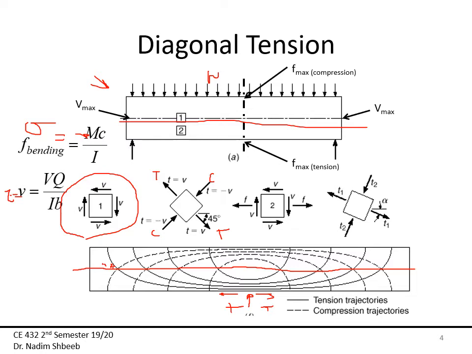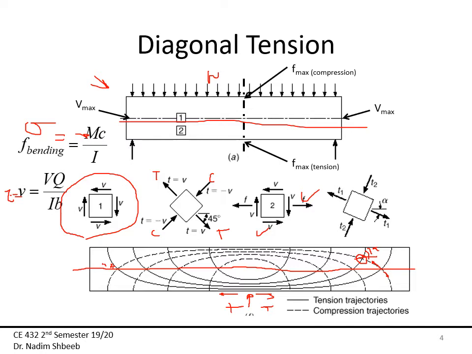Now, as I start going up or going further away from the neutral axis, let's say maybe at the point here, then I'm going to have both the flexural stress and the shear stress, and that will also give me some principal stresses, but these principal stresses now are going to be at some angle alpha, and we used to get those angles from Mohr's circle, if you remember in mechanics of materials or strength of materials. So you can see now that this angle here is kind of representative of alpha, and we call these the tension trajectories, which means the tension is this way and the tension is this way, which means at this point I will open the crack up.